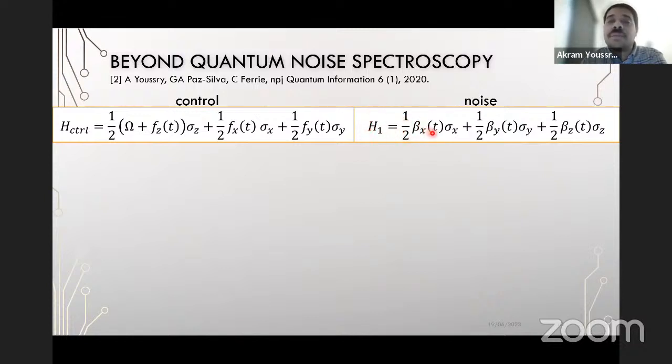This is a Hamiltonian where these betas are random processes, so they are just random signals essentially. When you evolve the control Hamiltonian and the noise Hamiltonian together and you take the average, the averaging will induce the non-unitary dynamics.